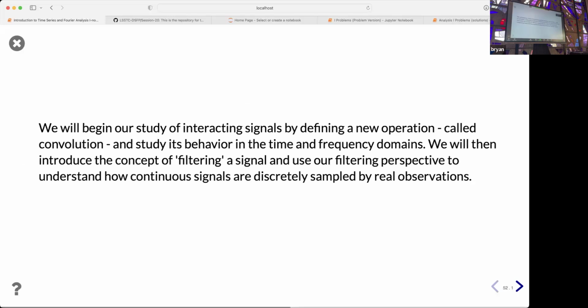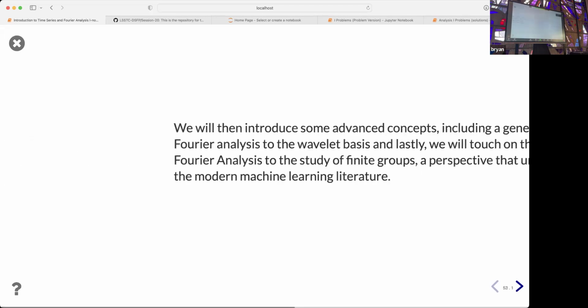As I mentioned, this is going to be called convolution, and convolution allows us to perform convolution-like operations in either the time or the frequency domain. We'll see what that looks like in both domains. Then we'll introduce filtering and discuss observations that are discretely sampled using this framework.